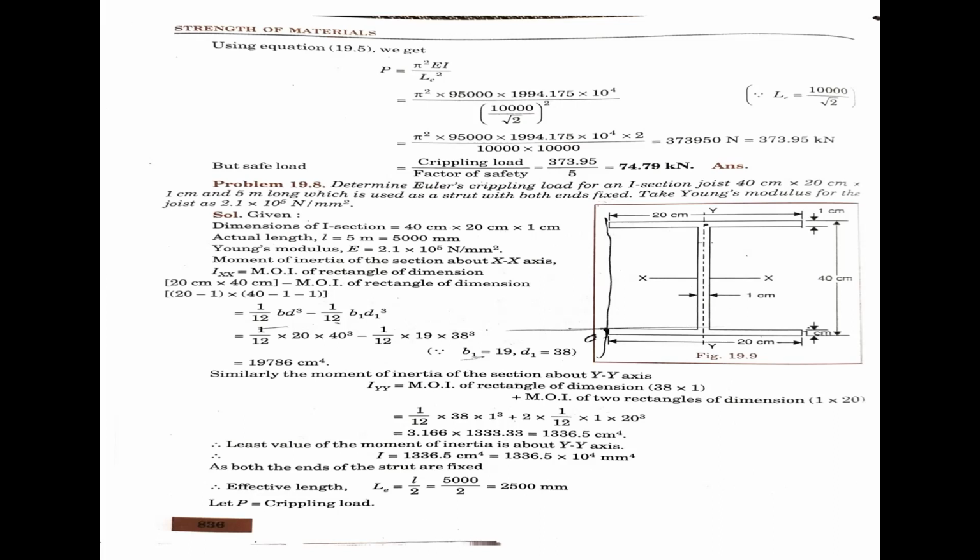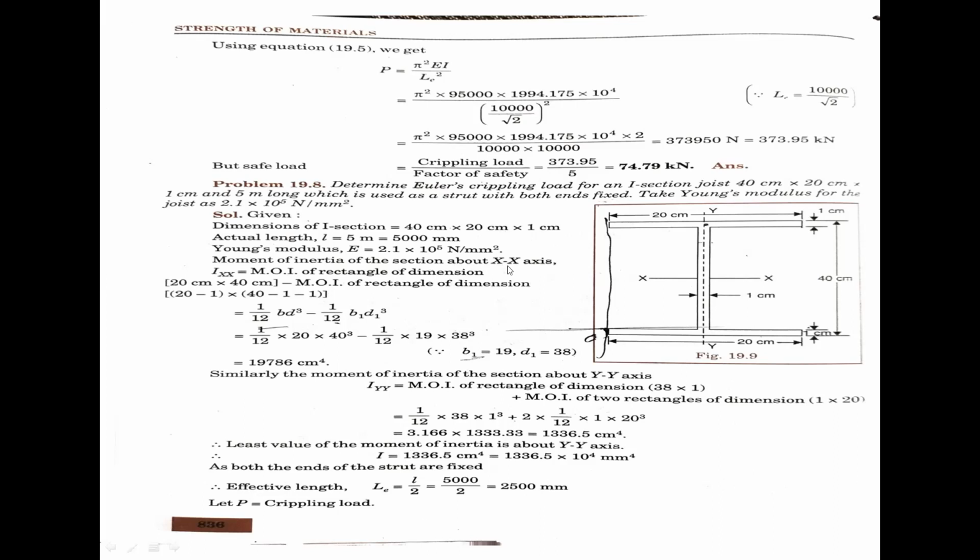See diagram 19.9, the diagram for the I section. The flange thickness is also 1 centimeter. The actual length is given as 5 meters, which converts to 5000 mm. Young's modulus is given as 2.1 × 10^5 Newton per mm squared.